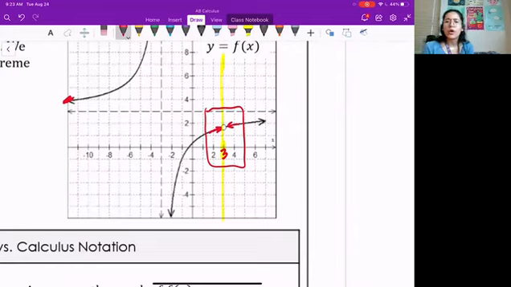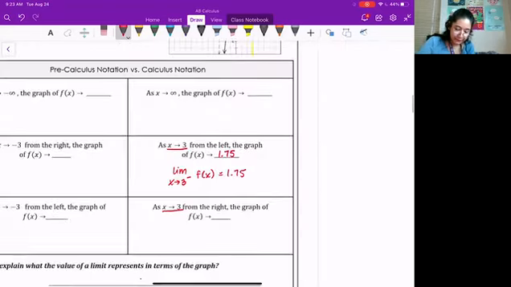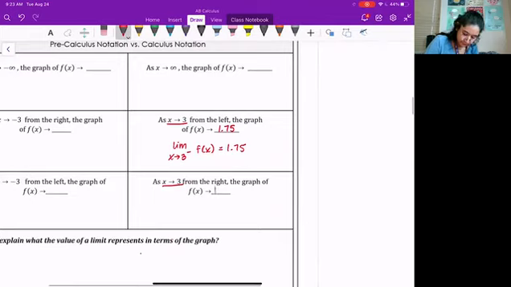And the limit wants to know, what y value am I getting close to? Again, I'm getting really close to that hole that looks to be about at 1.75. Awesome. So I can say here that the limit as x approaches 3 from the right of f of x is 1.75.